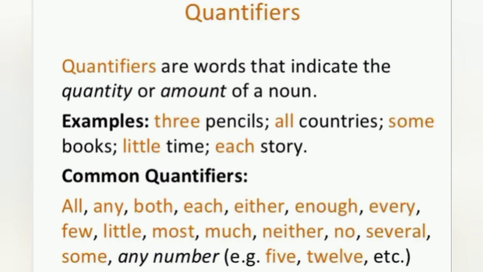Common quantifiers are all, any, both, each, either, enough, every, few, little, most, much, neither, nor, several, some, and any numbers like 5, 12, etc. I hope all of you have got the determiners.